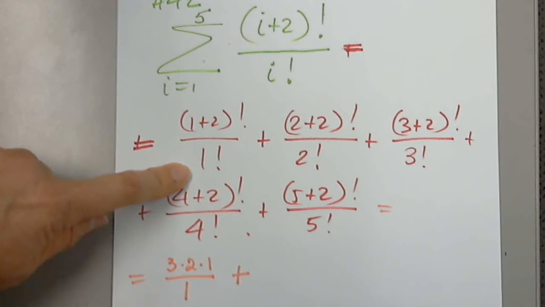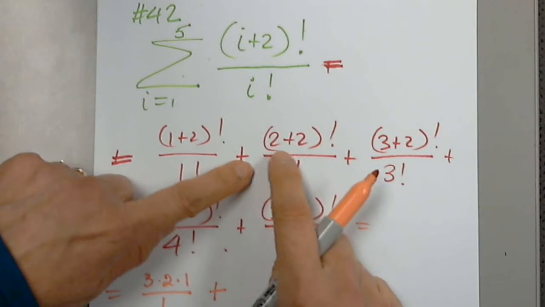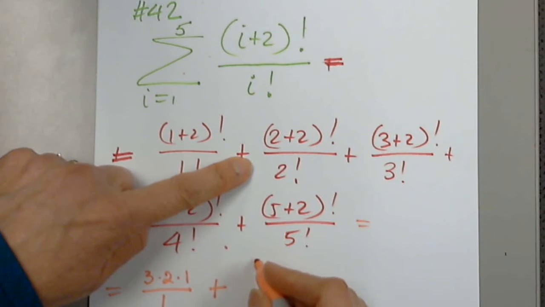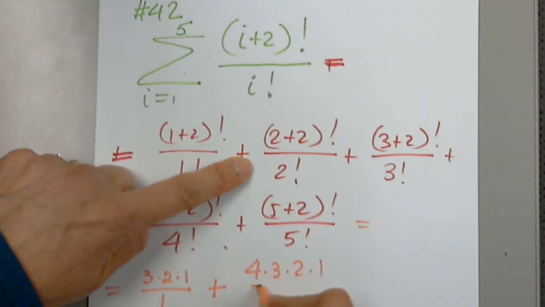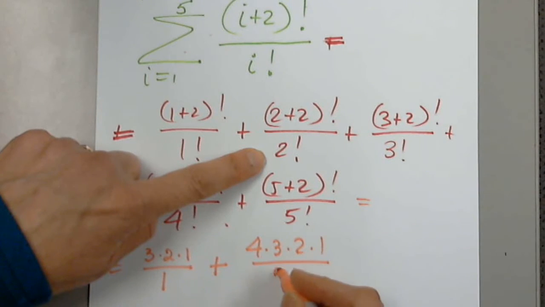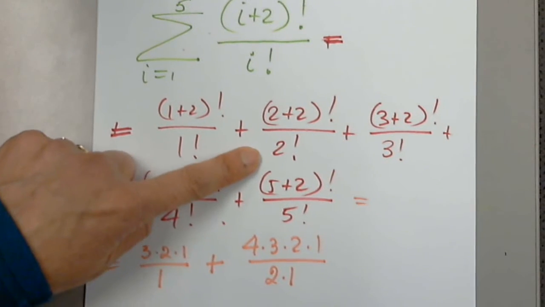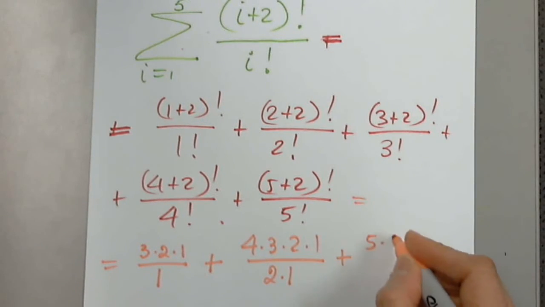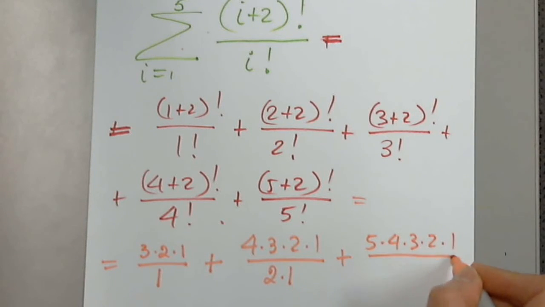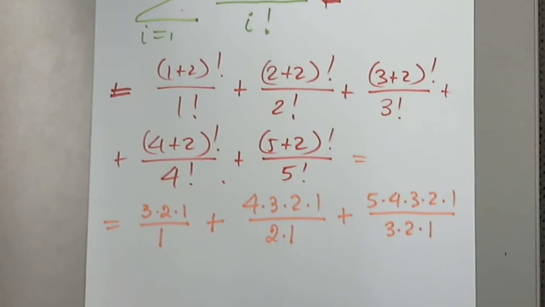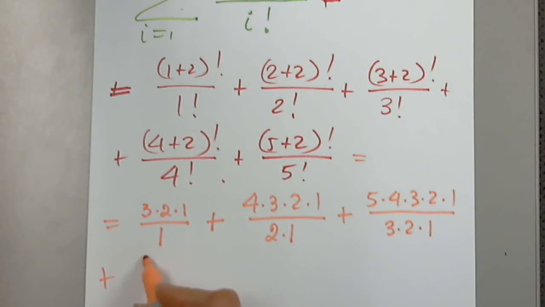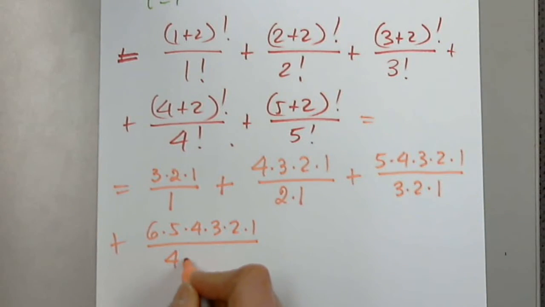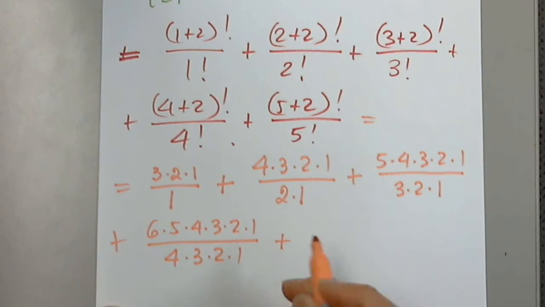Plus 2 plus 2 is 4 factorial, which is 4 times 3 times 2 times 1, over 2 factorial, which is 2 times 1, plus 3 plus 2 factorial, which is 5 times 4 times 3 times 2 times 1, over 3 factorial, which is 3 times 2 times 1. 2 more. 6 factorial. 6 times 5 times 4 times 3 times 2 times 1 over 4 times 3 times 2 times 1.